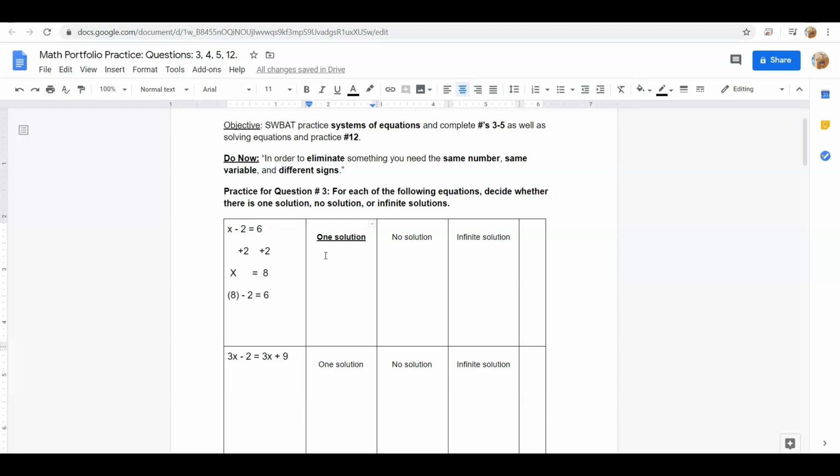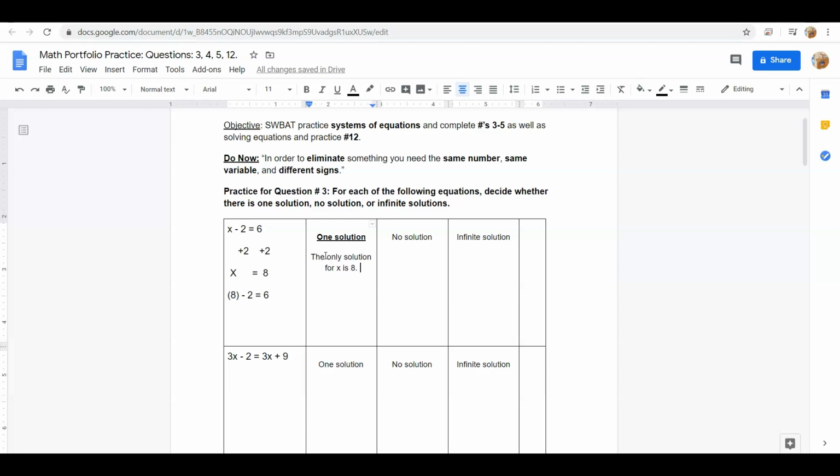The words that I would use to explain how this is only one solution, I would say the only solution for x is 8. Something along those lines. Or you could write your own words.